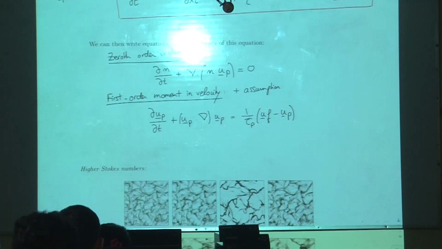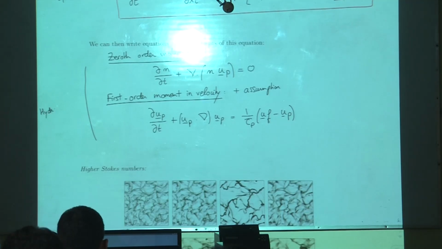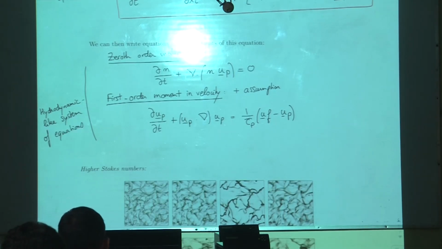The interesting thing from this pair of equations, if I decide to solve that, is that it is a hydrodynamic-like system of equations. Okay, this looks like fluid equations. It looks a lot like a fluid mass, fluid momentum conservation equation.